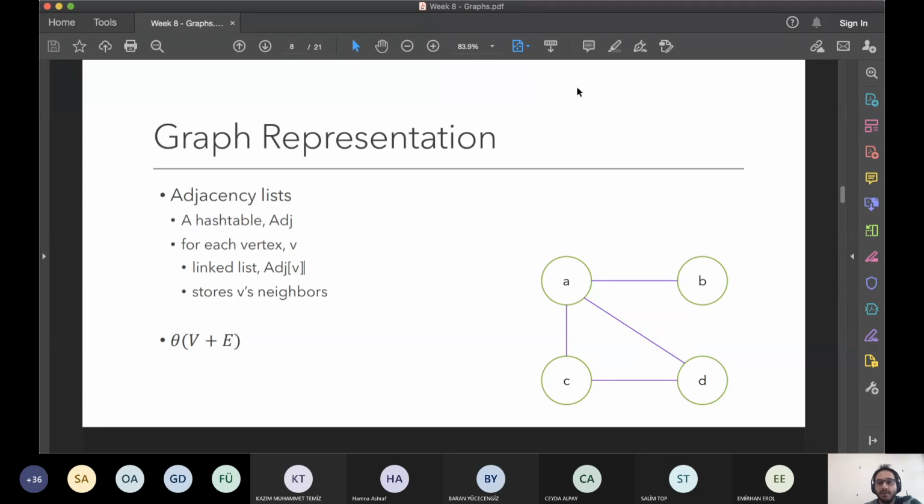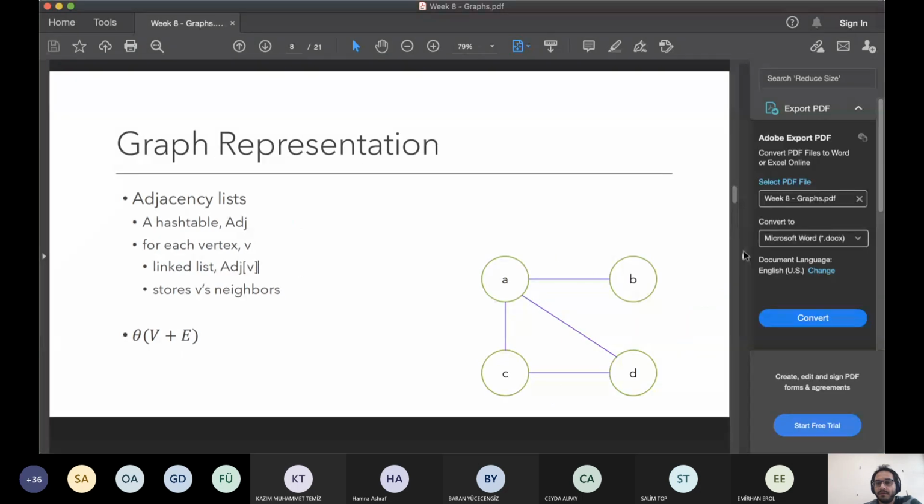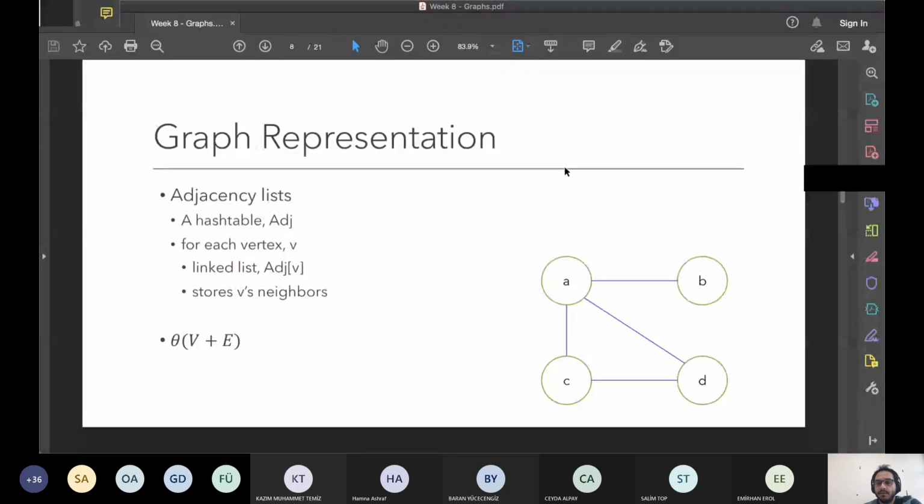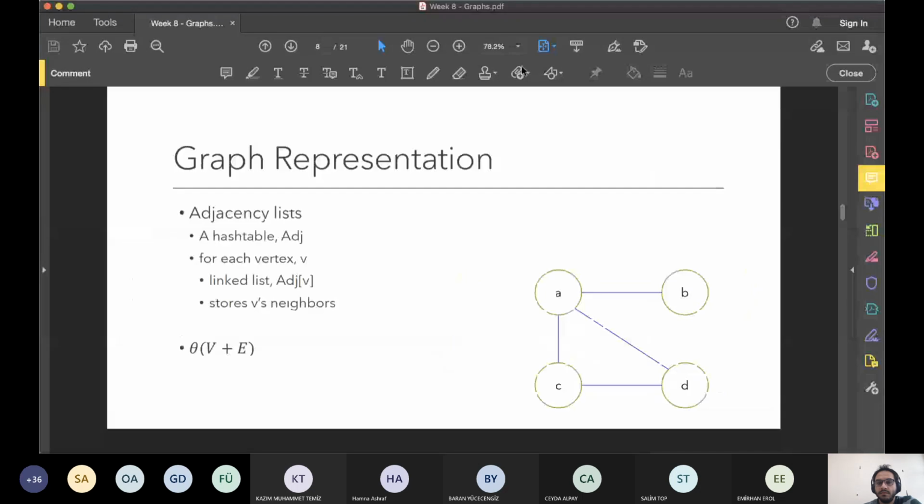So for A, if I write Adj of A, it returns a linked list, which is B, C, and D, for example.